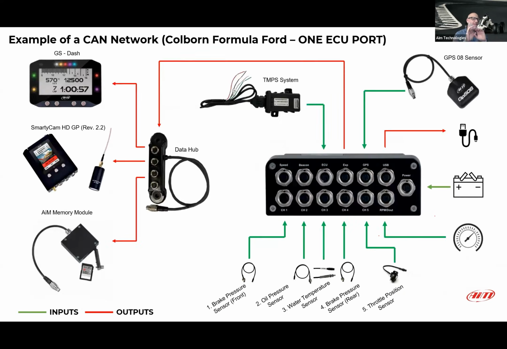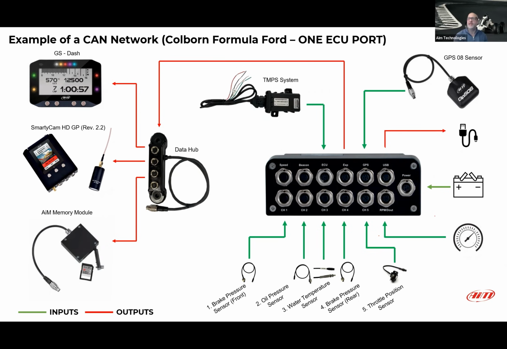Just to demonstrate, I don't know if you remember this slide from the last webinar we did when we were talking about configurations, this concept of a CAN network, a connected AiM network of devices. You can see here that I have green, which is data going into the device, and then I have red arrows, which is data going out and feeding into a dash in my case, or a Smarty Cam or any kind of data capture.